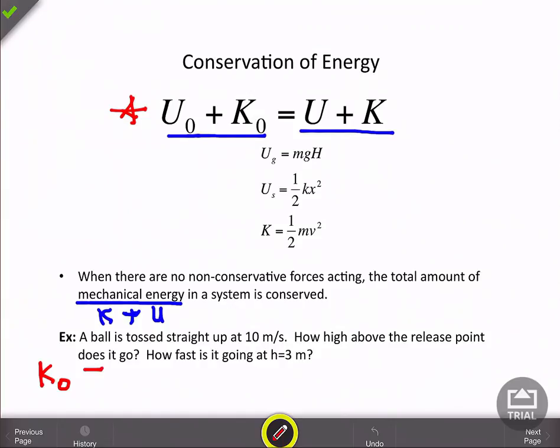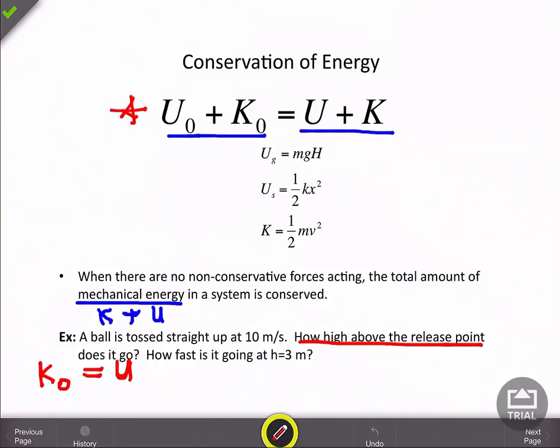So that's my total initial energy. This is going to equal the total energy after. And afterwards, we're looking at how high above the release point it goes. So this means at the highest point. I know at the highest point, when an object is in free fall, it has a velocity of 0. So at the highest point, we're dealing with only potential energy. So in this particular problem, my initial kinetic energy is going to equal my final potential.